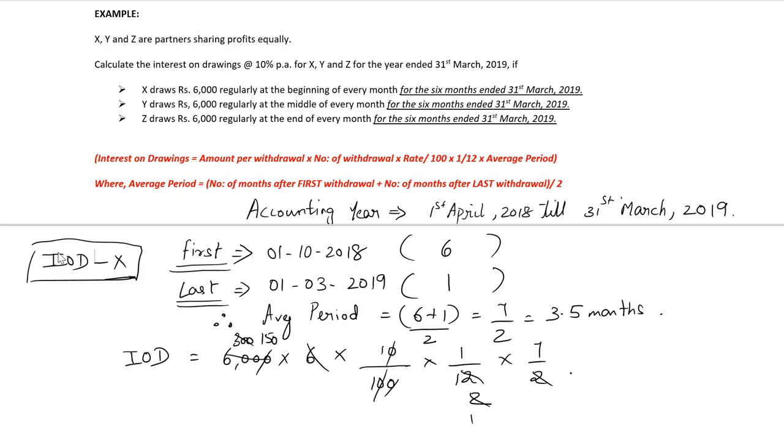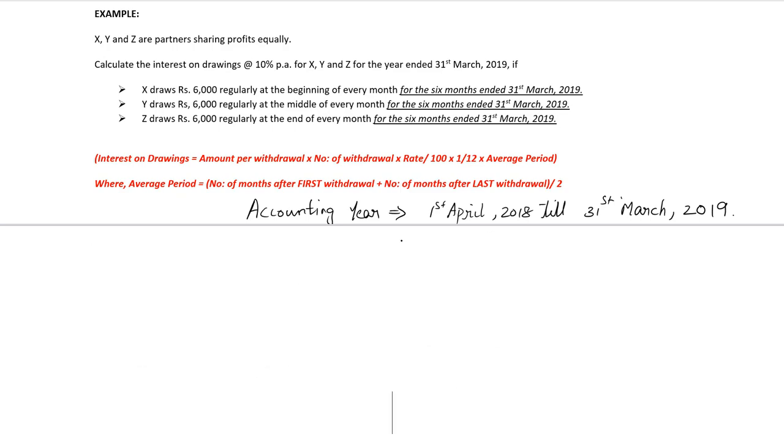The answer for interest on drawings is 150 into 7, which is equal to rupees 1,050. So 1,050 is the interest on drawings for X. Let's go to interest on drawings for Y.